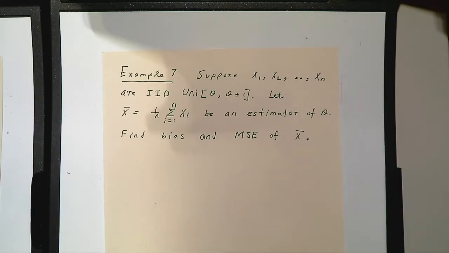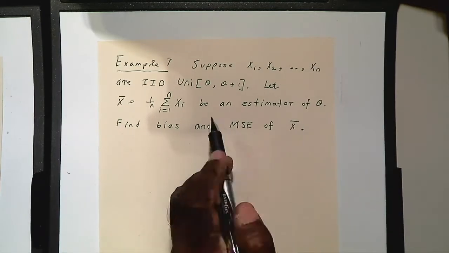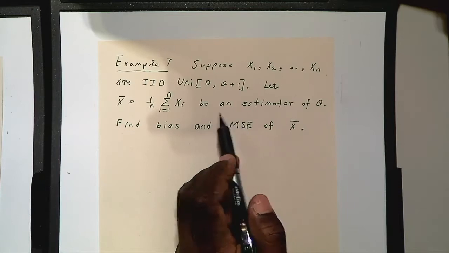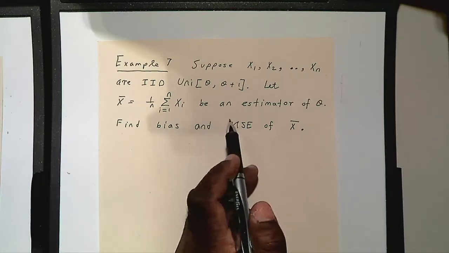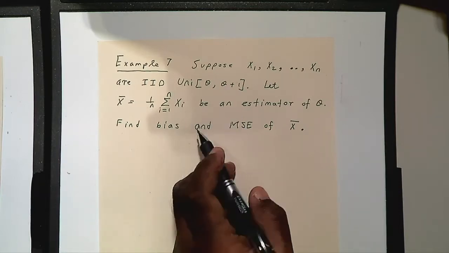We have a random sample from a uniform distribution, theta to theta plus 1. X bar is a possible estimator of theta, and we want to find the bias and the MSE.